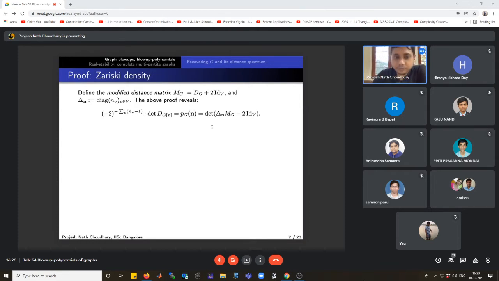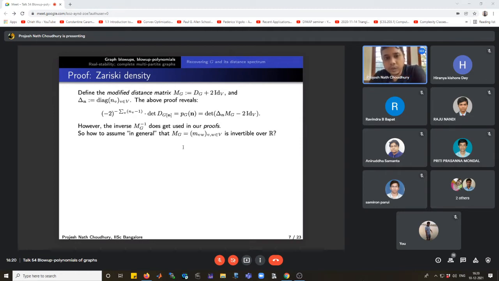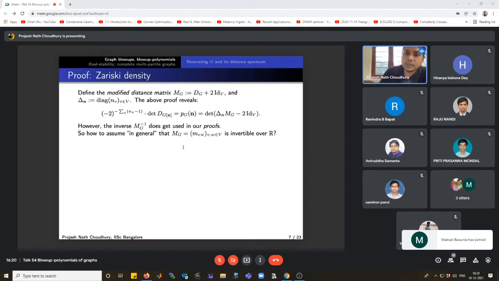But to prove this equality, the proof uses the inverse. So now the question is, how can one assume in general that these inverses exist over a commutative ring? The answer is exactly the title of this slide, using Zariski density.